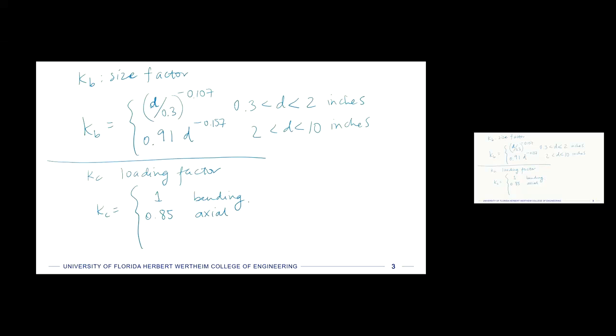So if we do have axial loading, we might drop that and use a lower factor there. And if we have the experiment done in torsion, they found that they get almost 40% decrease. So we need to compensate for that by this loading factor.